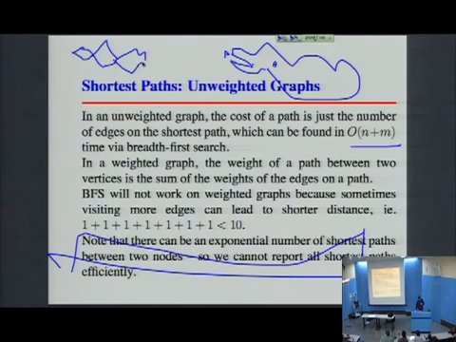I know this is bad. You can get from here to here. You could either go up or down, and then up or down, and then up or down. There are 2 to the n ways you can get to here if you have n of those widgets, right? So there can be an exponential number of paths, all of them of the same weight. You can't list all shortest paths. You have to be content with finding a shortest path. Any questions about that?